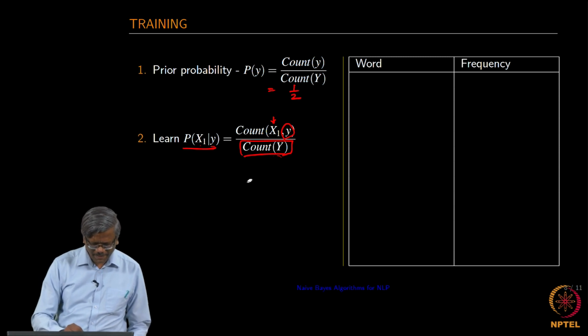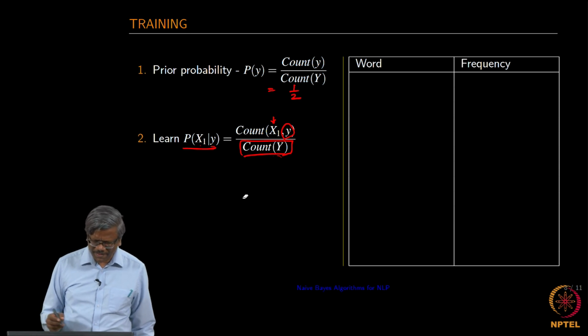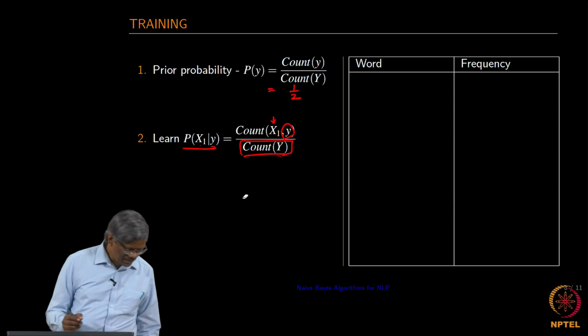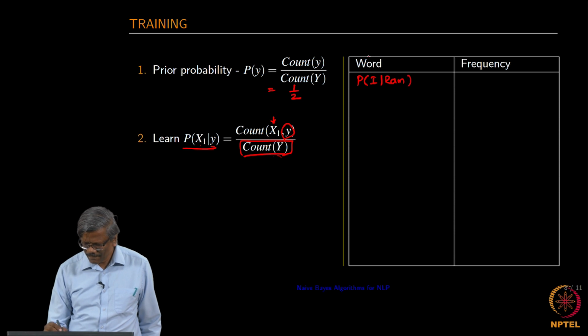Okay. So, I need this space. So, what I am going to do is I am going to just copy some of those computations that I have done already. So, let us start with, okay.